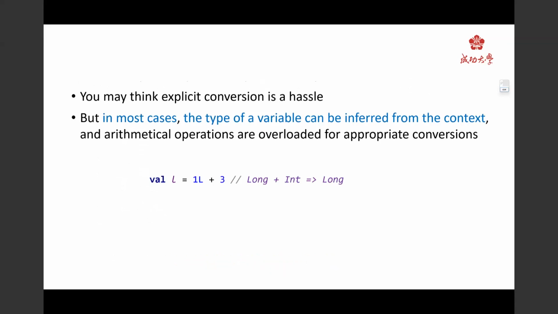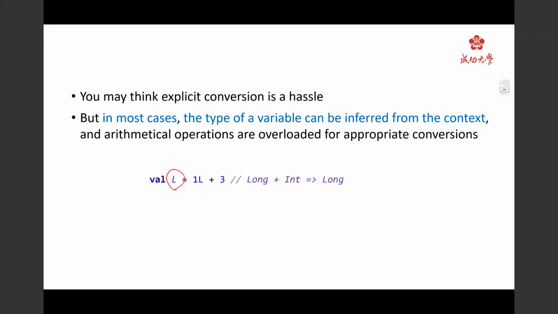So now you may think that type conversion is a hassle because we have to do it manually. But in most cases, the type of a variable can be inferred from the context in code. Okay, and arithmetic operations are overloaded for appropriate conversions as well. So here's a very simple example. Say we have a variable L over here, okay?